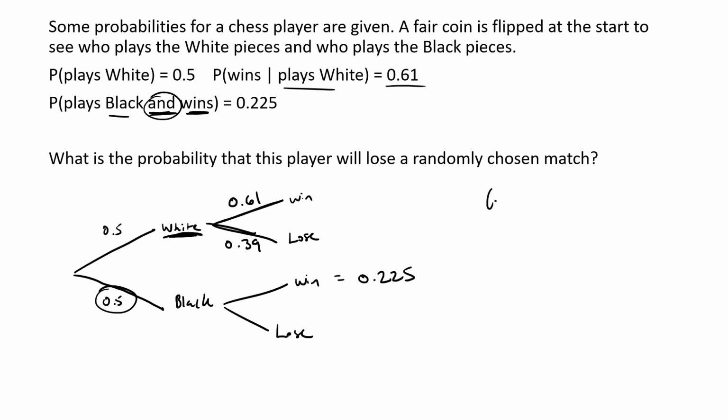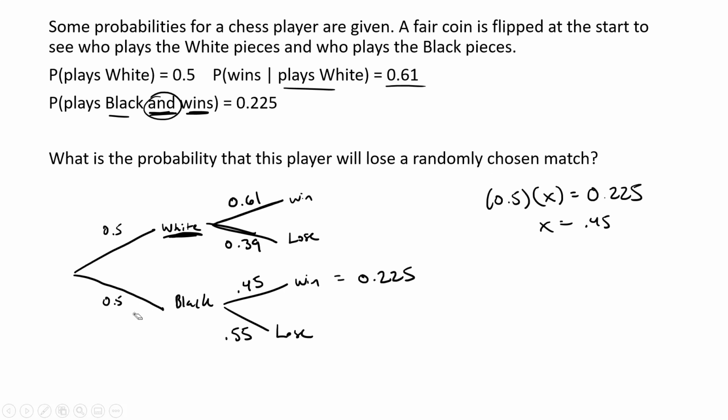Okay, so we know it's 0.5 times something. We'll just say x is going to equal 0.225. Okay, take your calculator and divide 0.225 by 0.5. Okay, you end up getting 0.45. So that is what goes on the tree, right? The branch itself. So you need to understand the difference between those two notations. Okay, and then this, of course, means there's a 55% chance you lose.